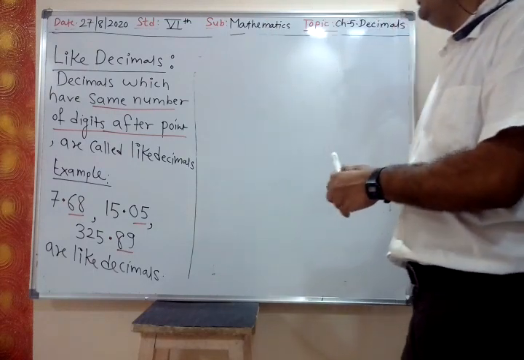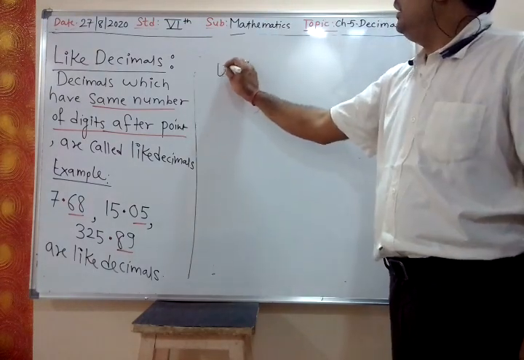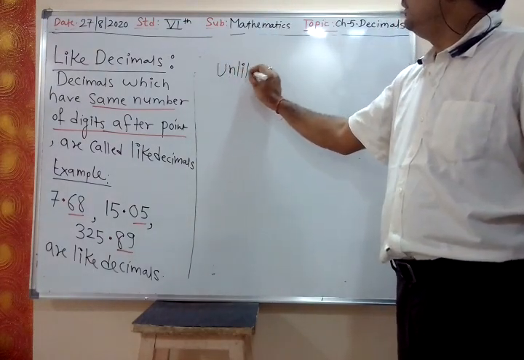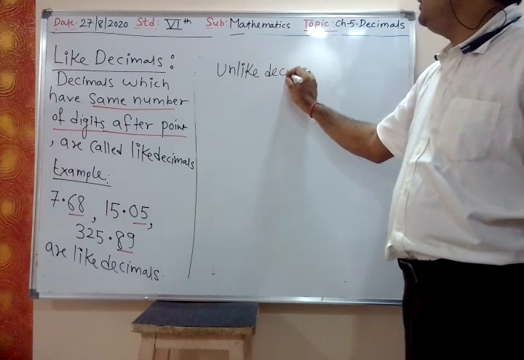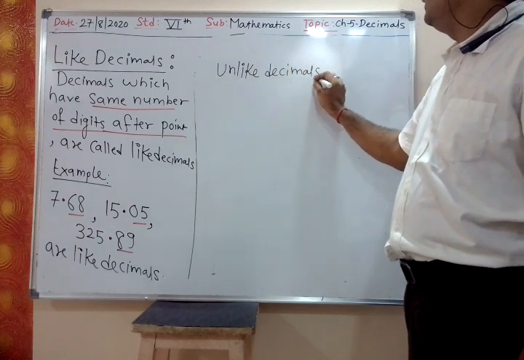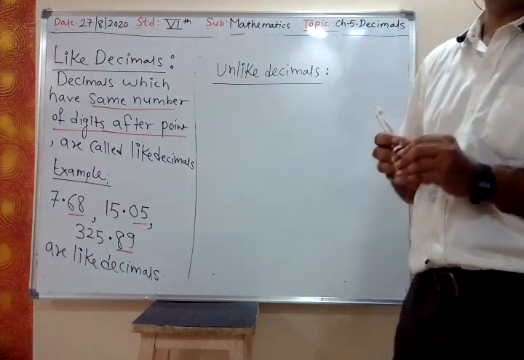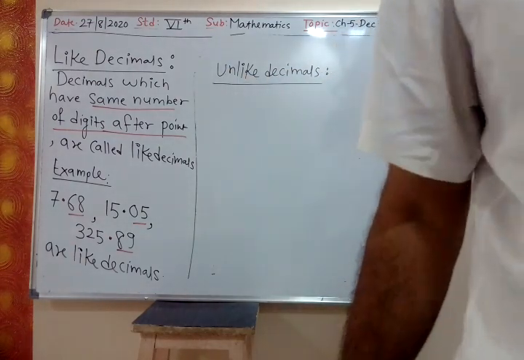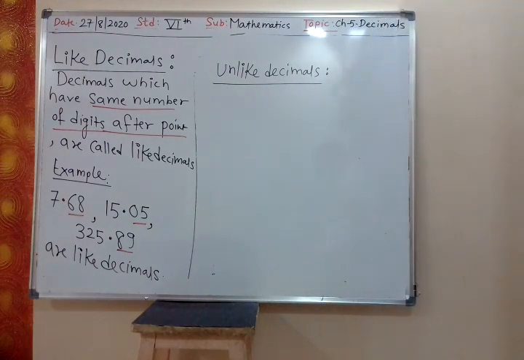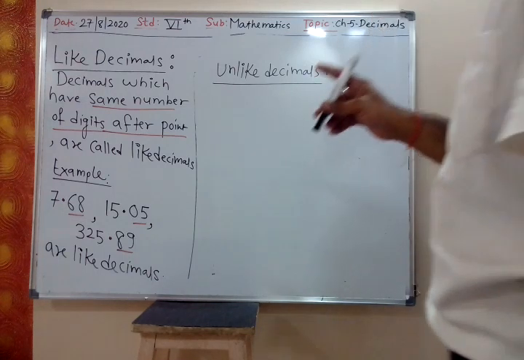Now let us see unlike decimals, the definition. Again, you have to count the number of digits after the point. If after the point the number of digits are the same, they are like decimals.